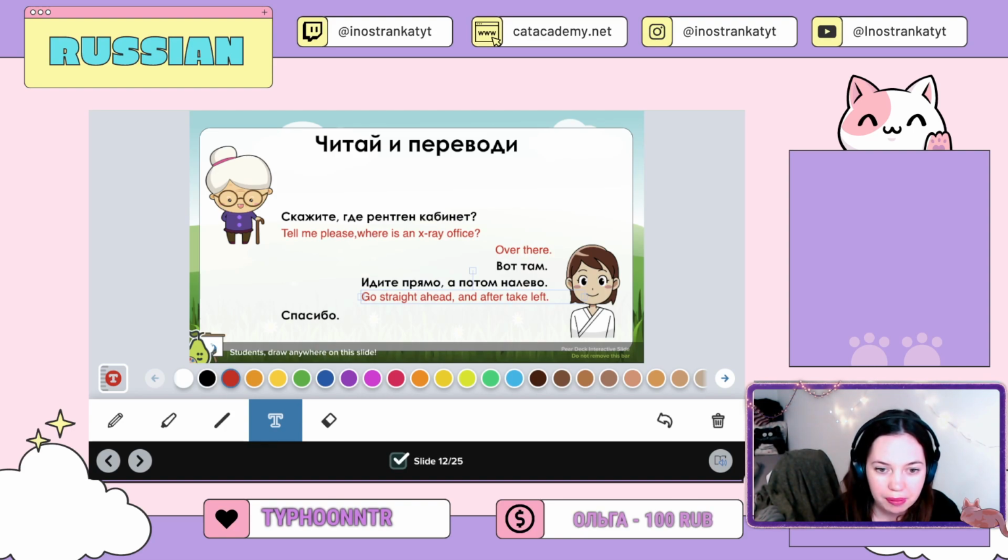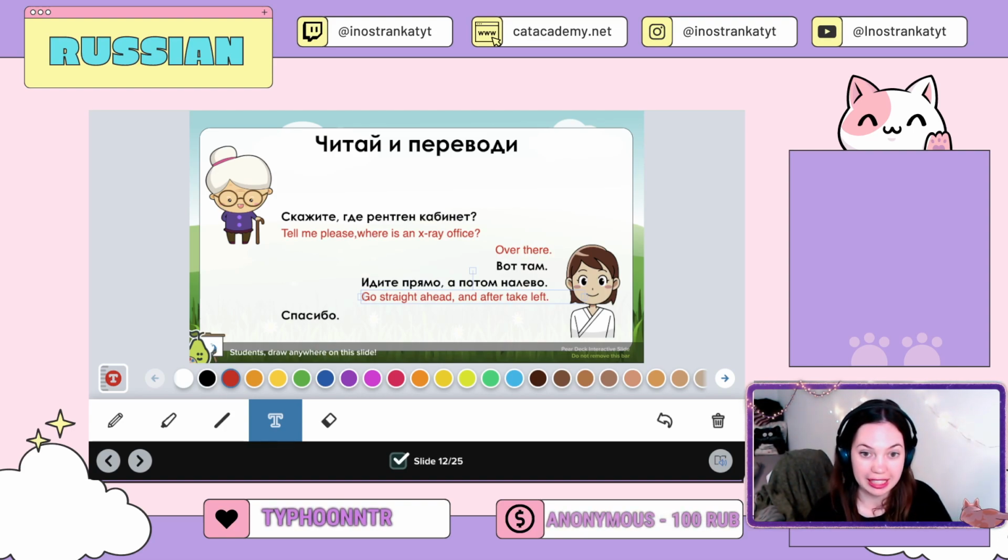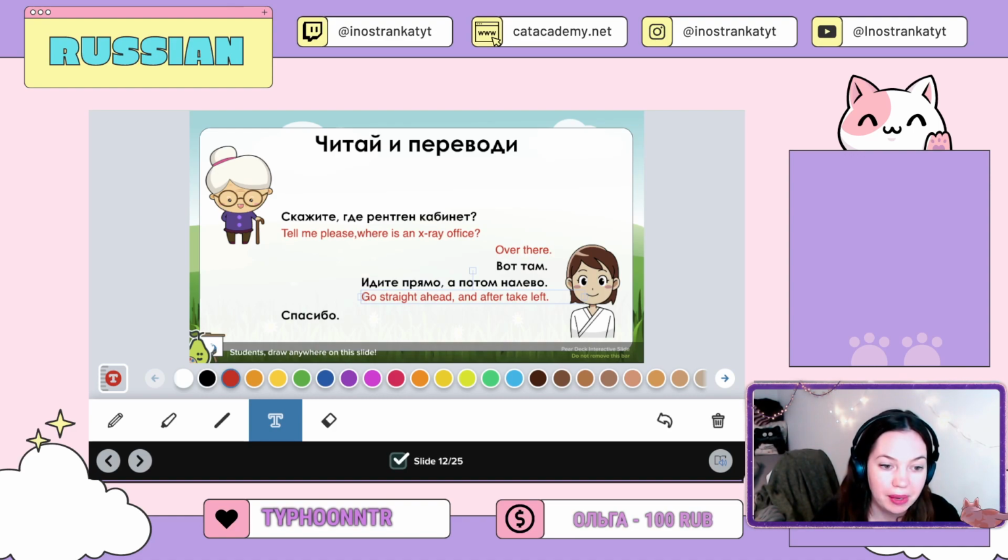Because again, remember the word лево, it means left, налево, слева, so there could be different forms of those left, лево, but all of them at the end mean something with the left. So just look left, turn left, go to the left. Спасибо. Thank you.